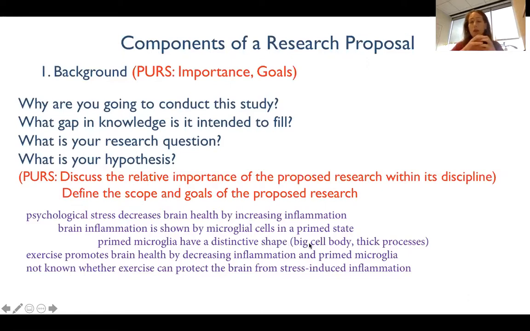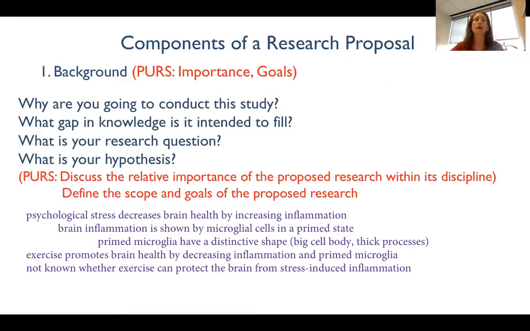They have a big cell body and thick processes. And so here he's got some background on psychological stress and brain health, and some background on what inflammation actually looks like in the brain and how you can quantify it. And then it's also known, before we even did this study, it's been well established that exercise promotes brain health.